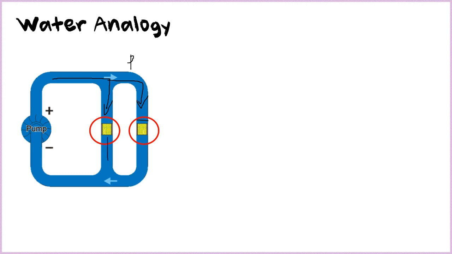But the amount of water flowing through the first filter and the amount of water flowing through the second filter would be different. Okay? So we do not know if the first filter can make water flow easily, or if this second filter would cause the water to flow lesser.